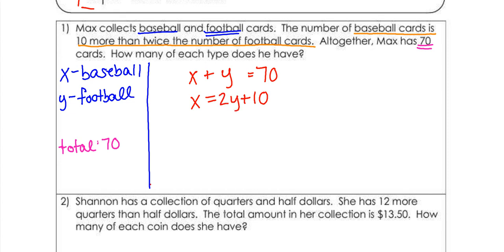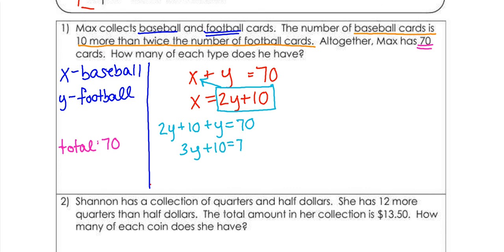Now using the substitution method, we're going to go ahead and solve. So I'm going to take this information and plug it in for X. So I now have 2Y plus 10 plus Y equals 70. Solving for Y, I have 3Y plus 10 equals 70. 3Y equals 60.